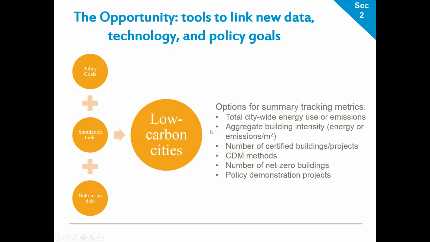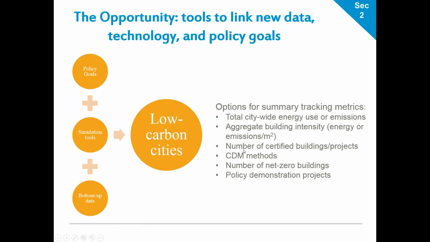I've just included a list of 6 preliminary summary tracking metrics here on the right in terms of how we actually measure what it is we're working towards. And so one basic measure to start with is citywide energy use or greenhouse gas emissions. This can also be put in terms of intensity, so energy or emissions per square meter.